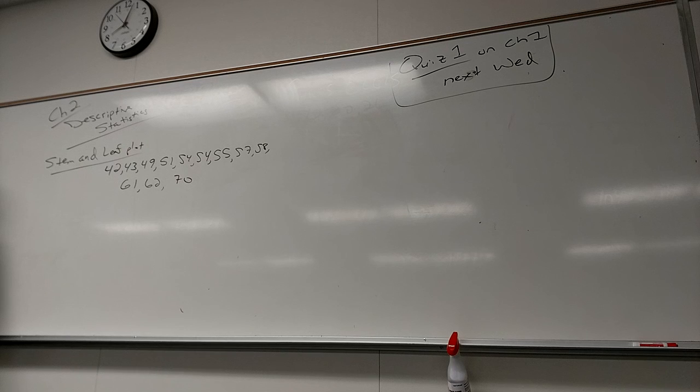Do you see how there's a bunch of things in the 40s and a bunch of things in the 50s and so forth? The stems would be the first digit. And then the leaves that come off of 4 would be 2, 3, 9. You guys get the idea? So 42, 43, 49, that's in there, isn't it?